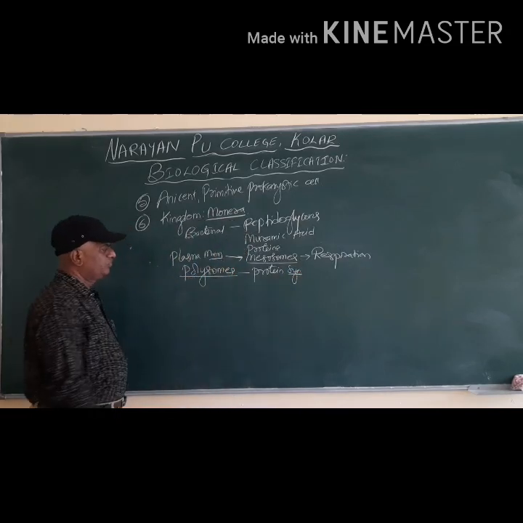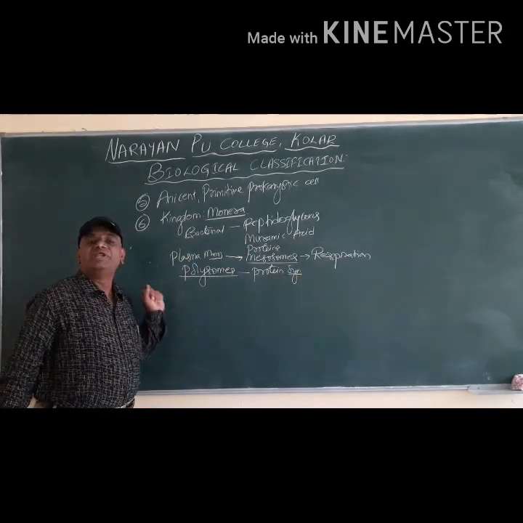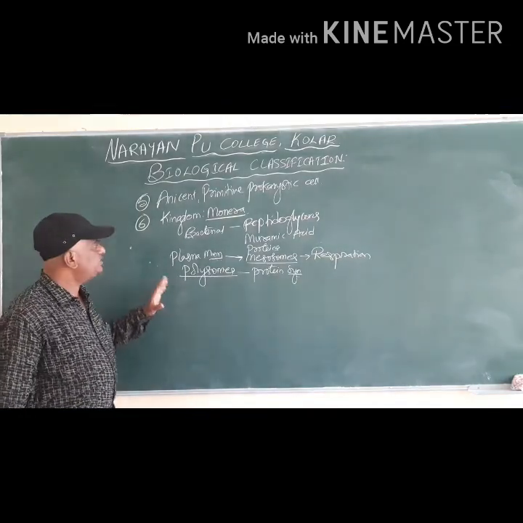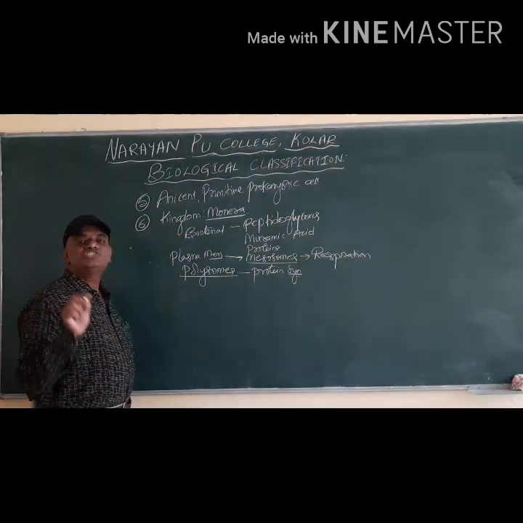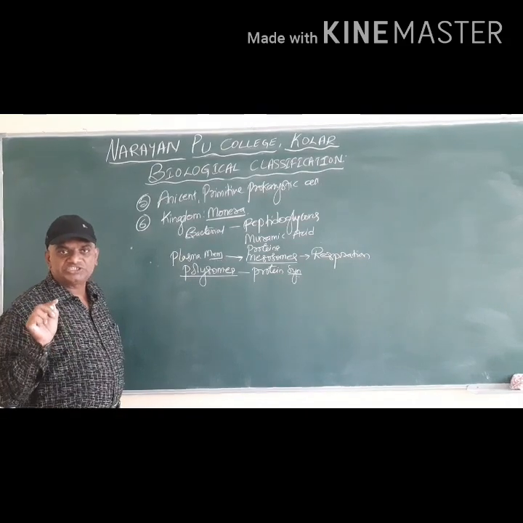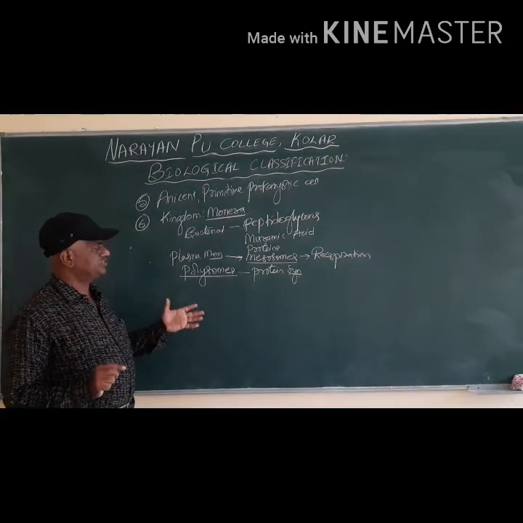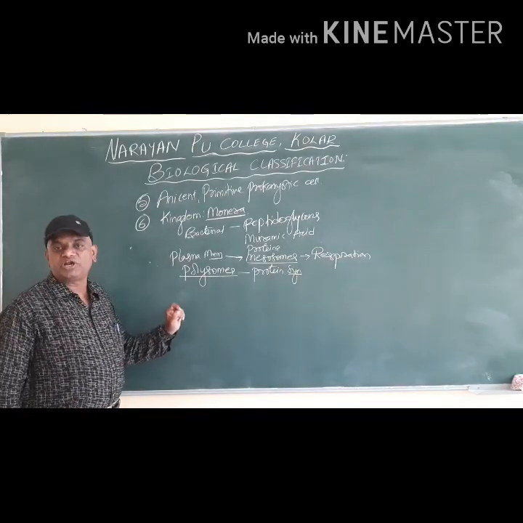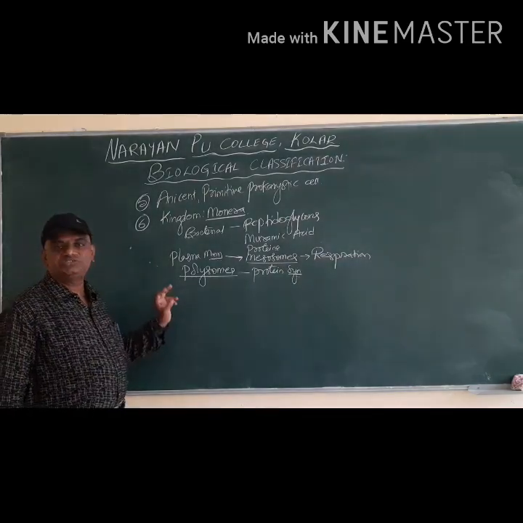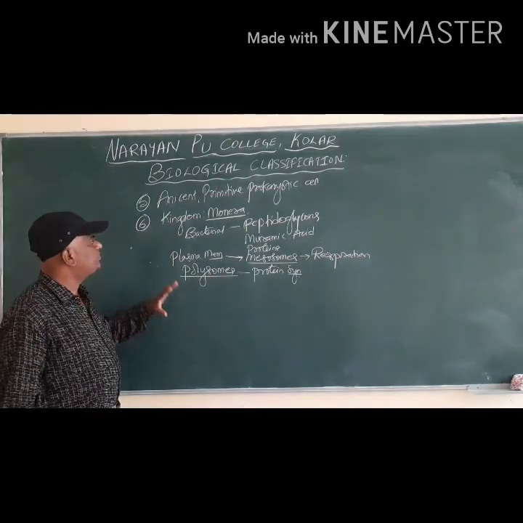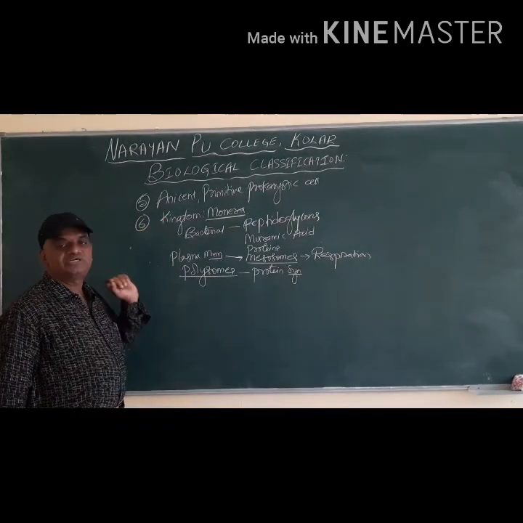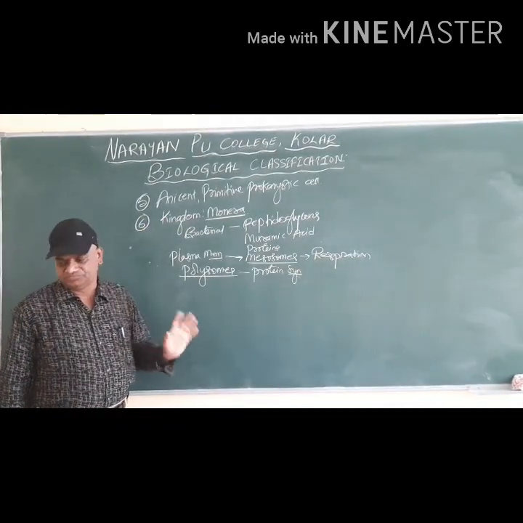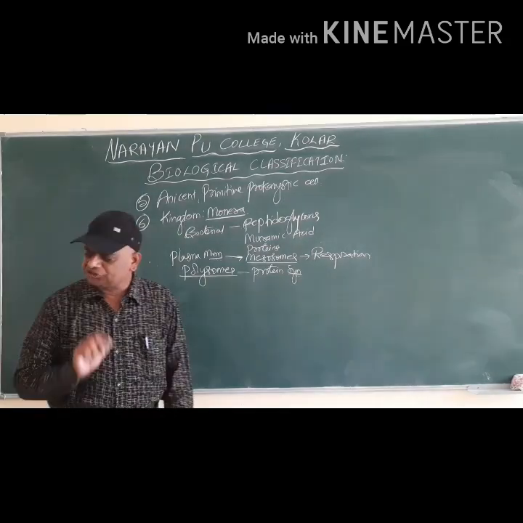Next, the reproduction is always asexual, and sexual type of reproduction can also be noticed in the form of transformation, conjugation, and transduction in bacteria. So all these points come under kingdom Monera. Let's go for the next question.